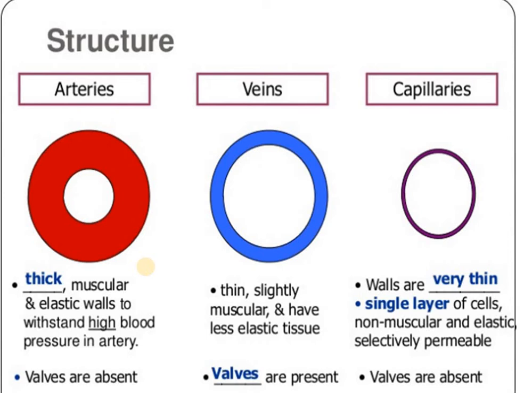The capillary walls are quite thin, with a single layer of cells. They are non-muscular, less elastic, and have a selectively permeable membrane. These differences show you that only at the capillary level can the exchange of material take place. It can never take place at the artery or vein end.